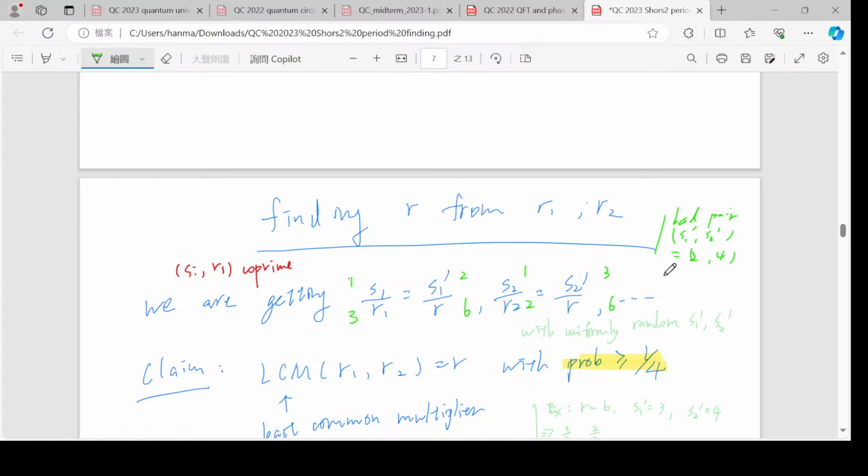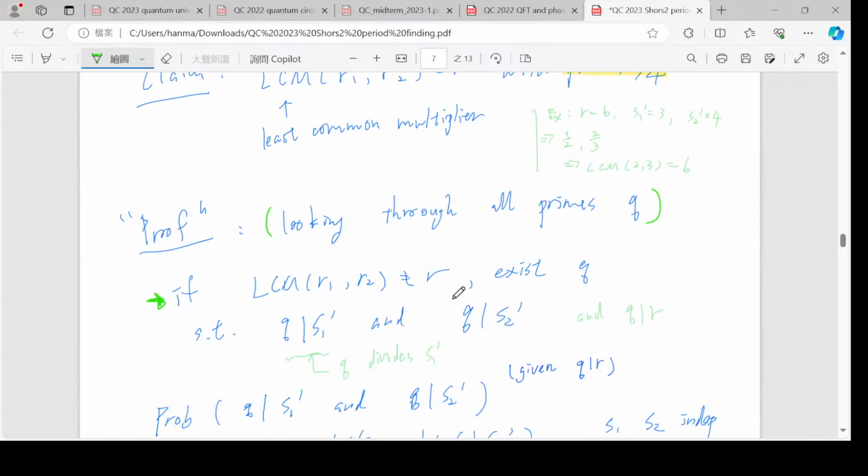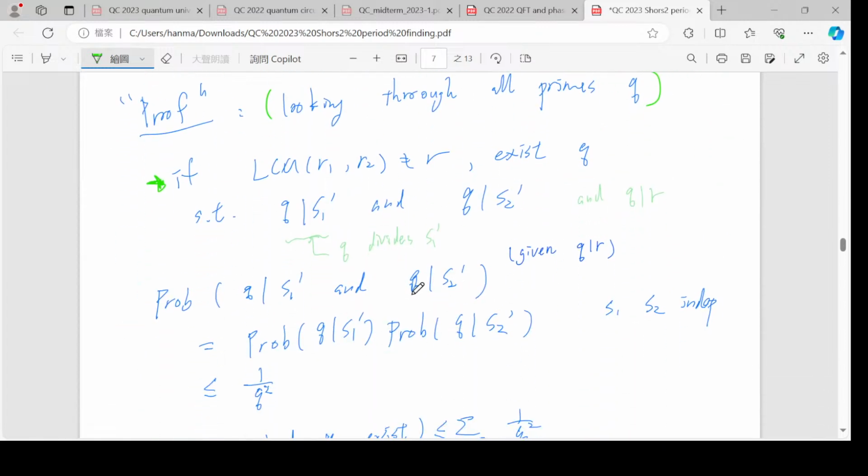this is the only case that bad things can happen here. So think about bad S1 and S2, then they must have some common factor that's also a common factor with R. So we have some common factor, and that factor has some prime component.